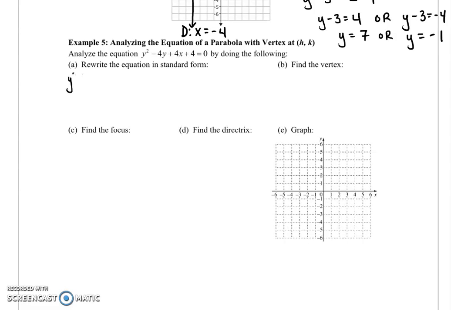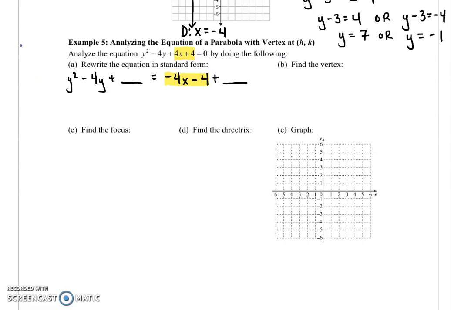We're going to have y squared minus 4y plus a blank, because we're going to have to complete the square, and that equals negative 4x minus 4, because we're subtracting the 4x plus 4 to the other side of the equation. And then, of course, plus a blank, because if we add something to one side, we have to add it to the other.